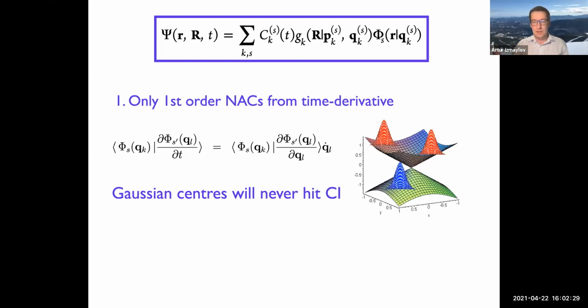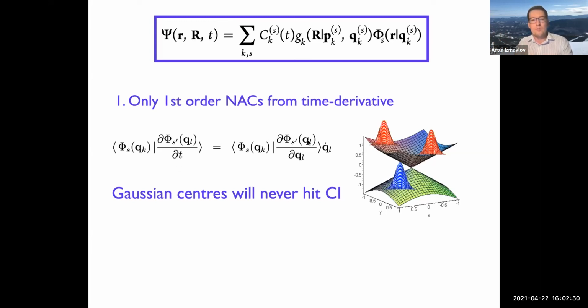It's a differential operator with respect to big R, but the electronic function doesn't have big R coordinates anymore. So the only non-adiabatic couplings we have are from the time derivative, like in surface hopping and other quantum-classical methods, where we differentiate with respect to time.